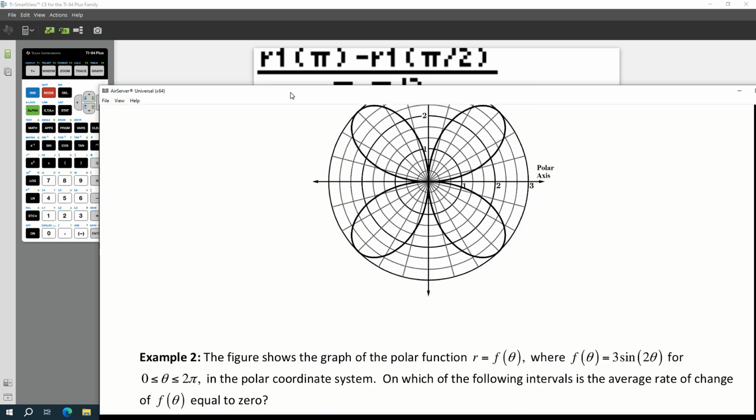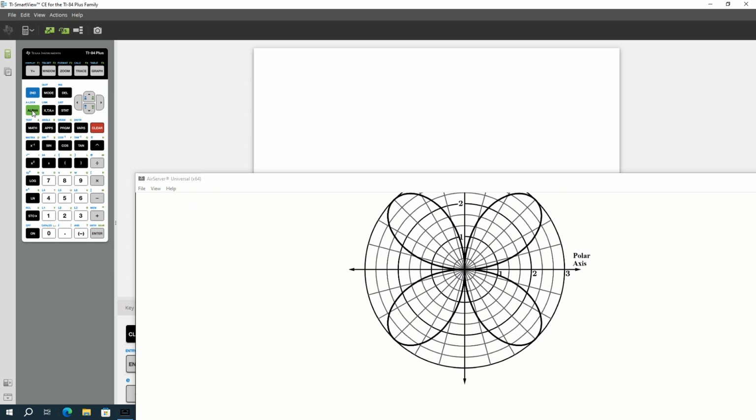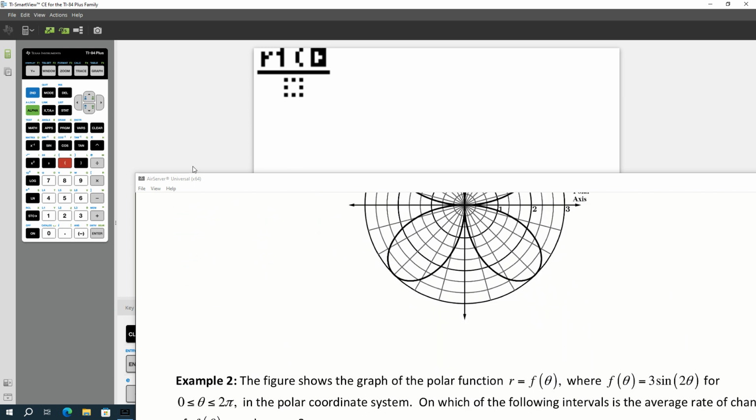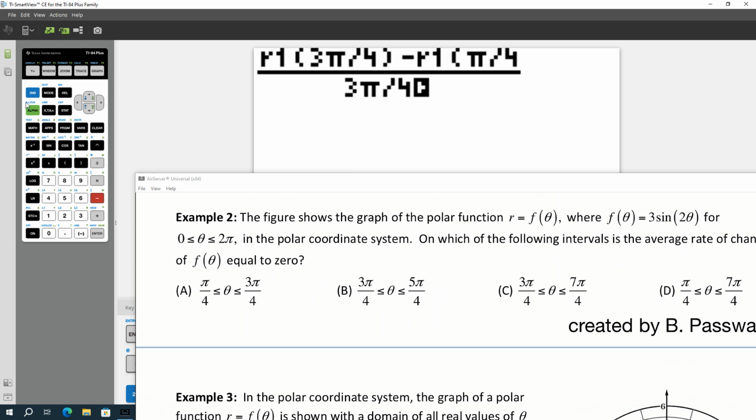And we want to know which one of these is 0. And it feels like A is going to be the answer, but when we try it, I'm going to go up here and close these parentheses because that might mess up.